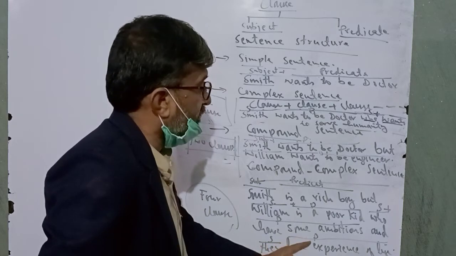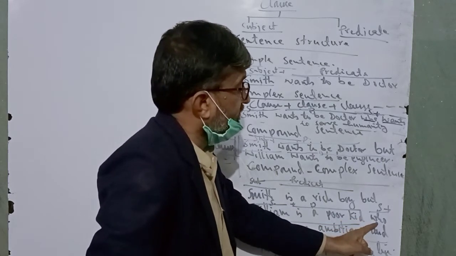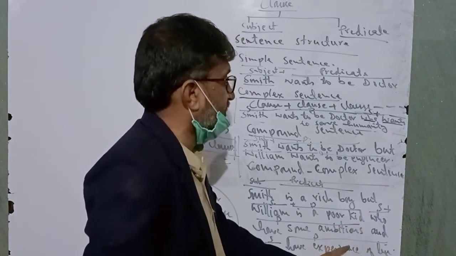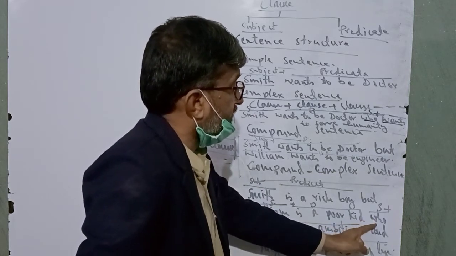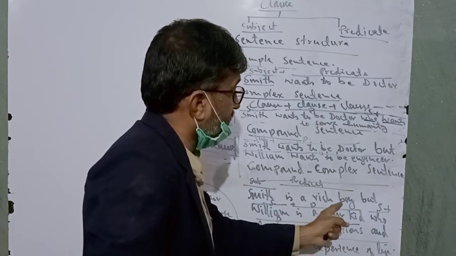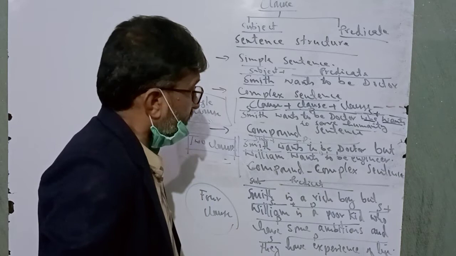Who have some ambitions. Here "who" is subject, and "who" indicates that this clause is dependent clause. Both clauses are independent, and other clause is dependent, which depends upon the main clauses which are earlier used.